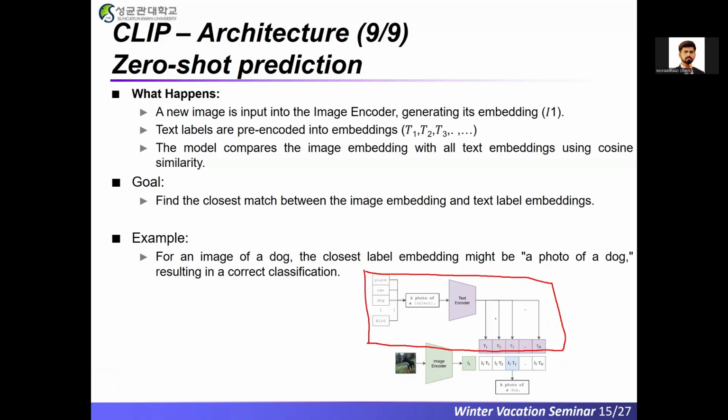Because we made pairs of these and have done contrastive loss using cosine similarity. Now when we give our image encoder an image, then after forming the textual embeddings close to the image embedding, we can find out that this image is of a dog, because of the cosine similarity with the dog class.